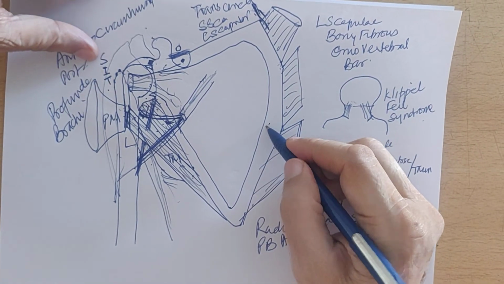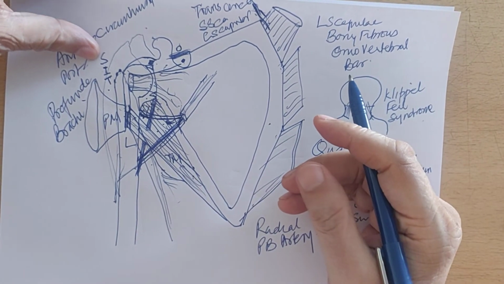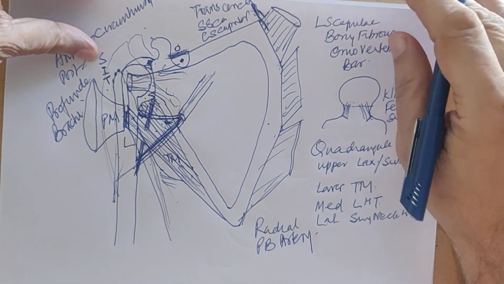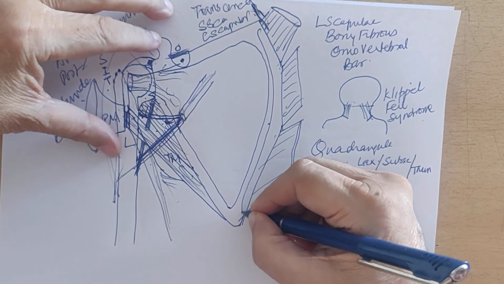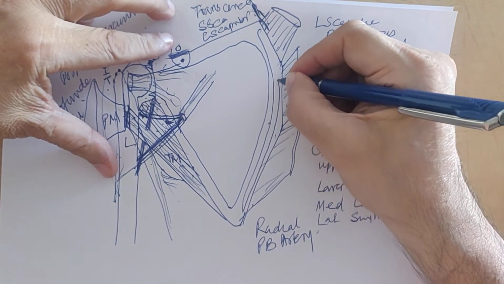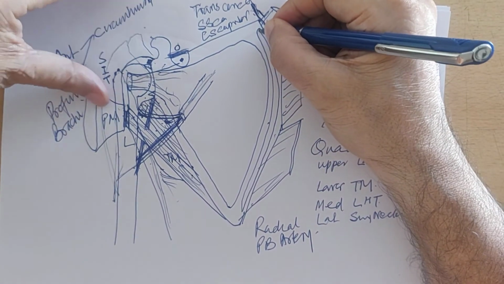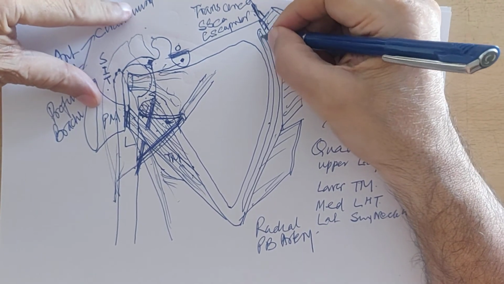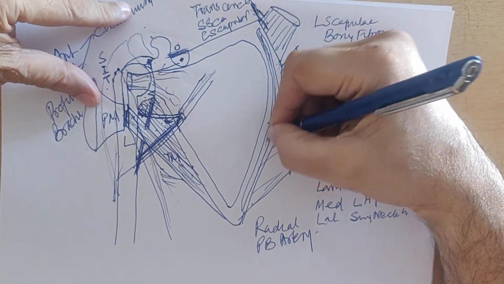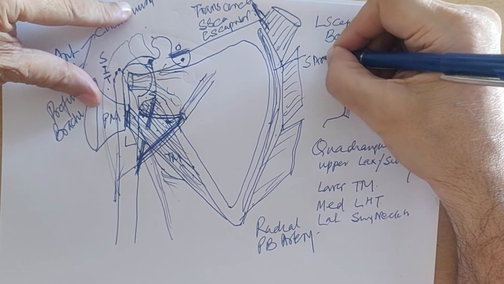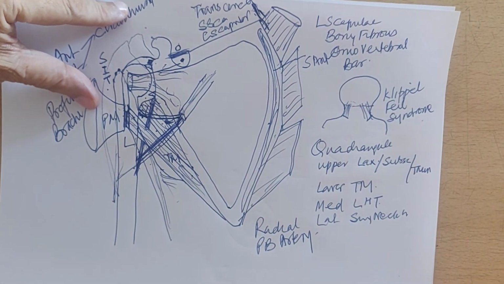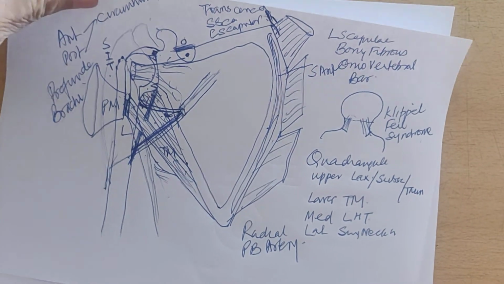Then we will move on to the posterior border, another muscle which is attached to the anterior part of the medial border of scapula, and this muscle is the serratus anterior. We will see how this muscle goes in the next paper.